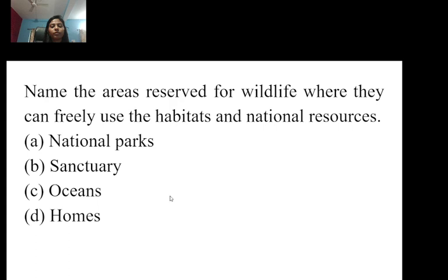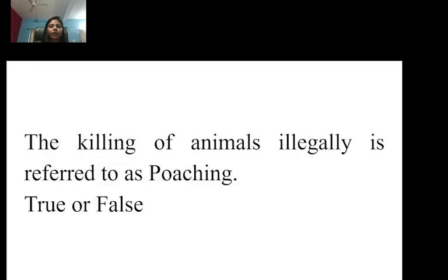Very good. Quickly responded. Very nice. Sanctuary. That's good. Now, the killing of animals illegally is referred to as poaching. True or false? True. Very good. The killing of animals illegally is referred to as poaching.